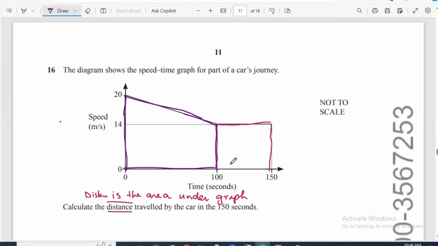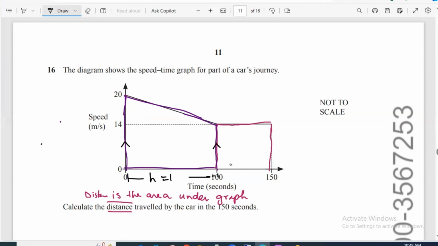Recall the area of a trapezium. Here the height is 100, because it is the distance between the parallel sides.